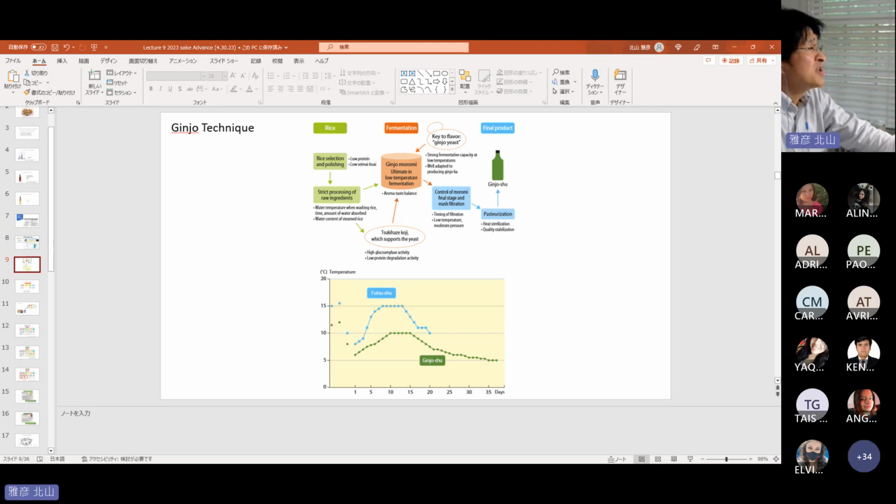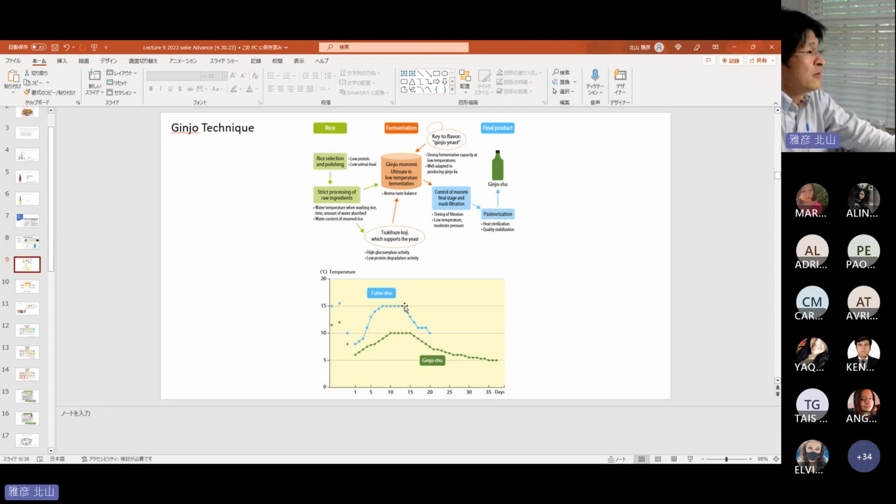To make ginjo style sake, we need to keep the temperature low. This graph shows the temperature. The y-axis shows the temperature during the fermentation. The x-axis shows the days of fermentation.